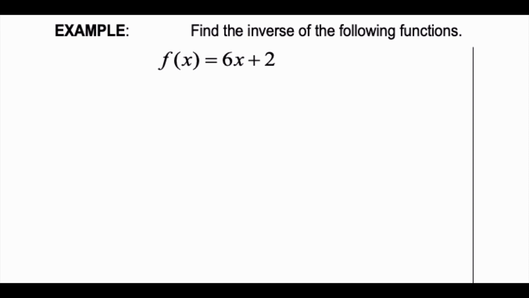Flip x and y. That's the first thing. Swap them. Well, f of x is y, right? Sometimes we write function of x instead of y. So f of x is going to become x. X is going to become y. So we're going to rewrite it. That's the first thing.